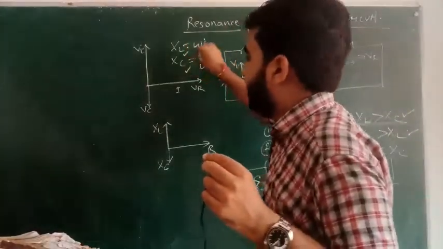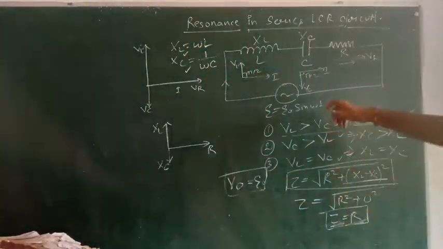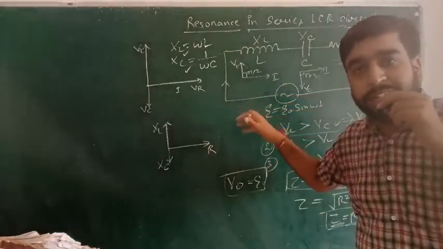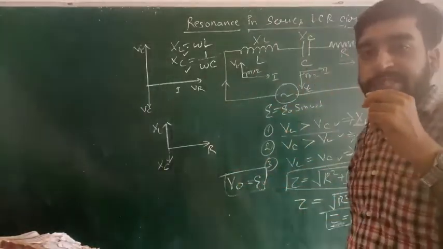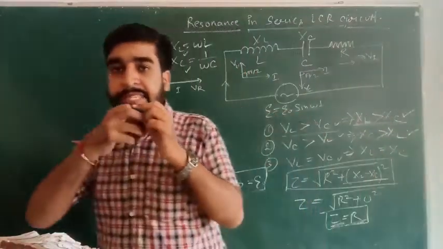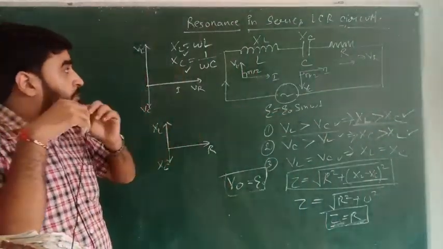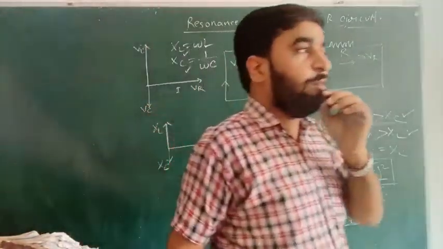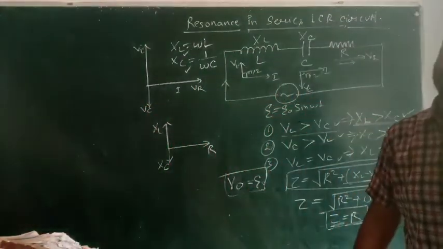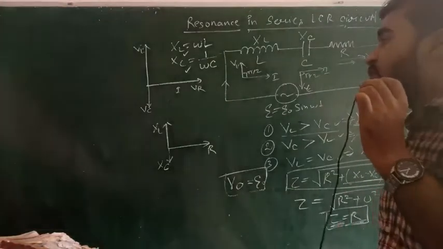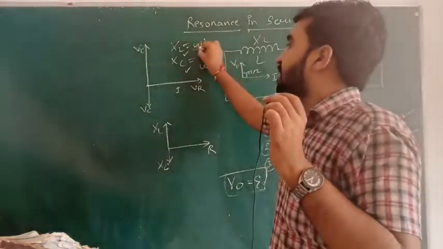frequency, XL and XC. So we are tuning this circuit. We are applying a different frequency, and ultimately we find a condition of resonance at a particular frequency. What is omega?